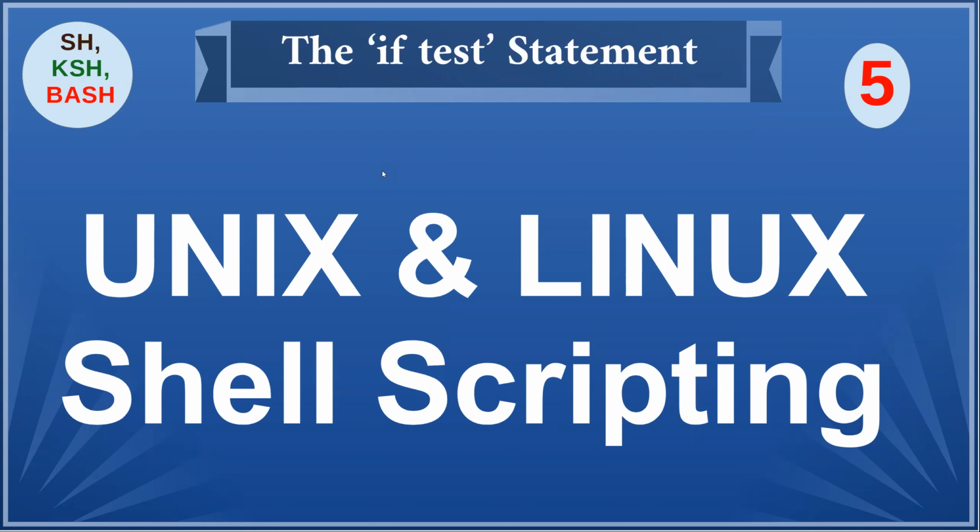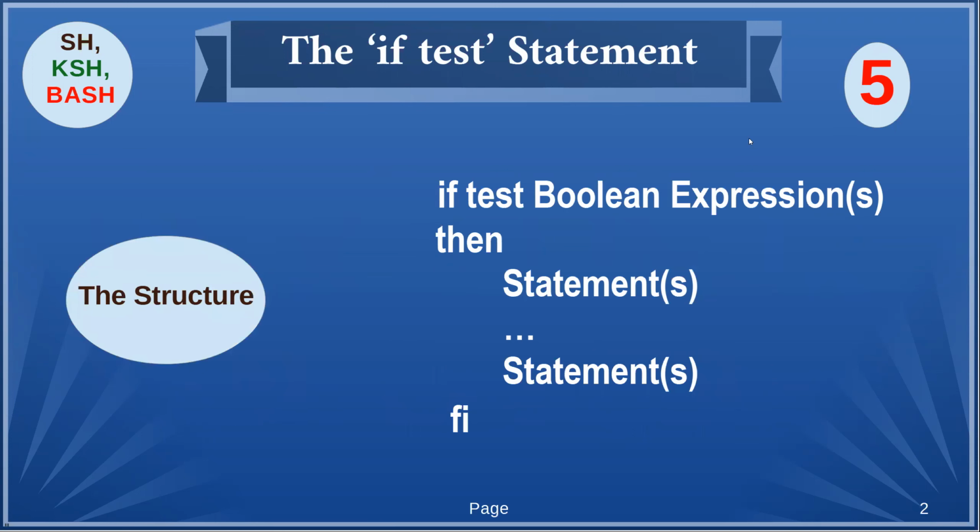Section 1 was the introduction to shell programming, which was Korn shell, Bourne shell, bash, C shell, TC shell, awk, and Z shell. In this session, we're going to talk about bash scripting, which is a superset of Korn shell and Bourne shell, and we're going to particularly cover the if test statement. We will show you the examples, the structure, and the syntax.